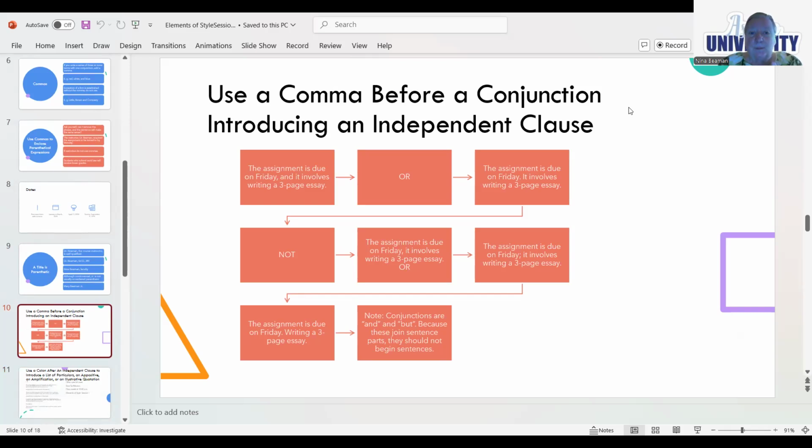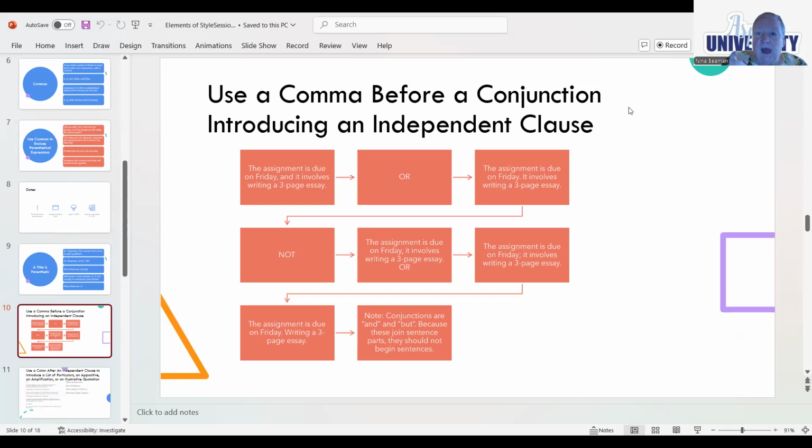You could actually put a period in there. You would pause longer. The assignment is due on Friday, longer pause. It involves writing a 3-page essay. Both of those are sentences. They have subjects, the assignment and it, and verbs, is and involves. So those are sentences. They can stand on their own.